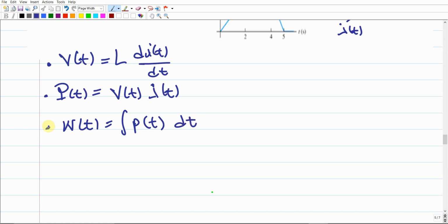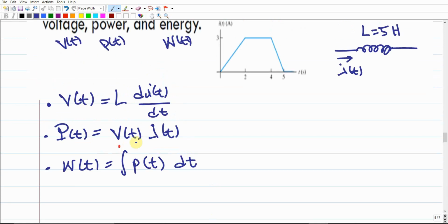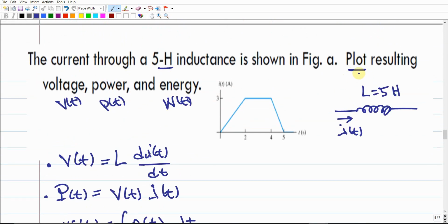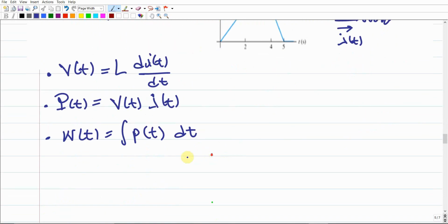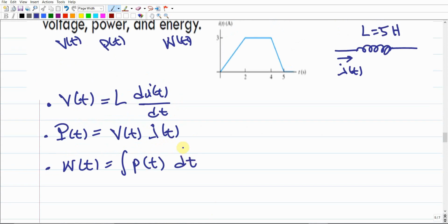If you remember in the previous video for the capacitor, we said that for the energy calculation, since we are required to plot how the energy changes over time, don't put limits on the integration. Just integrate the power over time, and that's it.